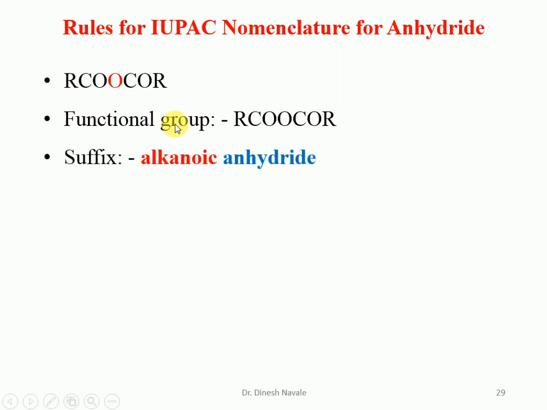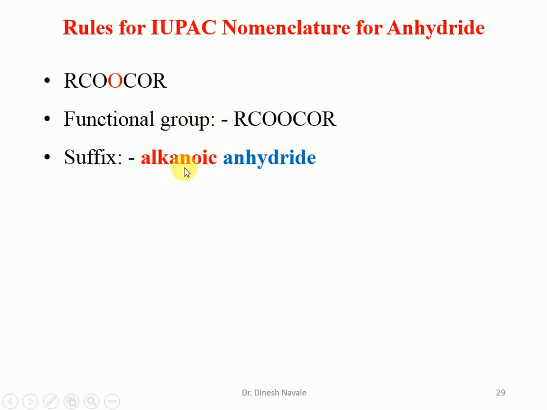And the IUPAC nomenclature of anhydride will be written as alkanoic anhydride. So the suffix will be alkanoic anhydride. This R group is what?